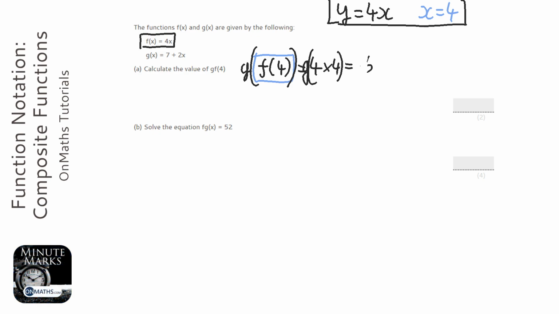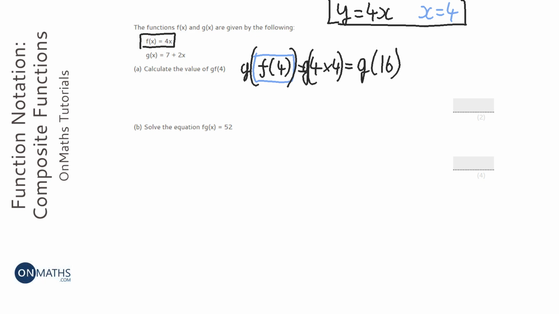And so I still need to apply the g to the 16. We've done the f first because it's closest to the brackets. Whichever one's closest to the brackets you do first. Now we need to do the g, and we just do exactly the same thing.